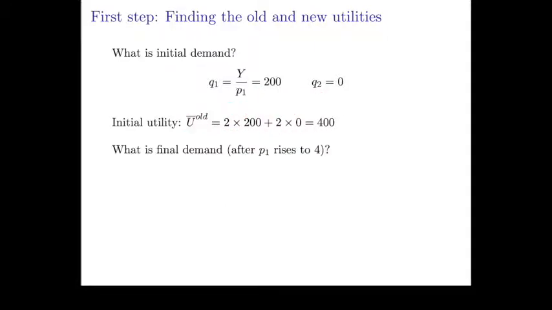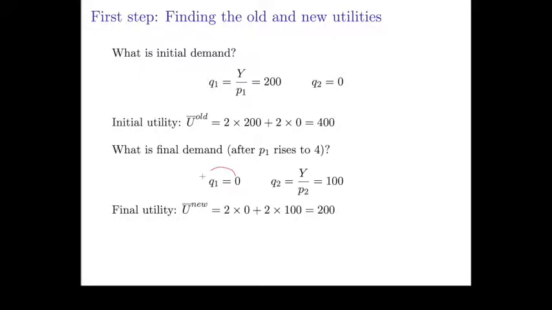Now we calculate the demand after the change. The price of good 1 rises from 1 to 4. Once it rises to 4, good 1 is more expensive than good 2. Remember, P2 is 2. 4 is bigger than 2, so you buy only good 2. So the consumer is going to spend all his money on good 2 and buy none of good 1. The demand is 0 units of good 1.